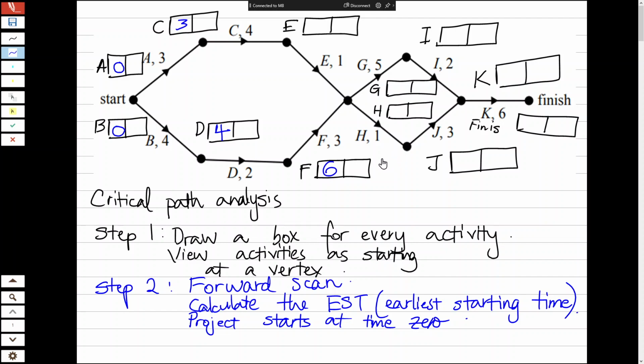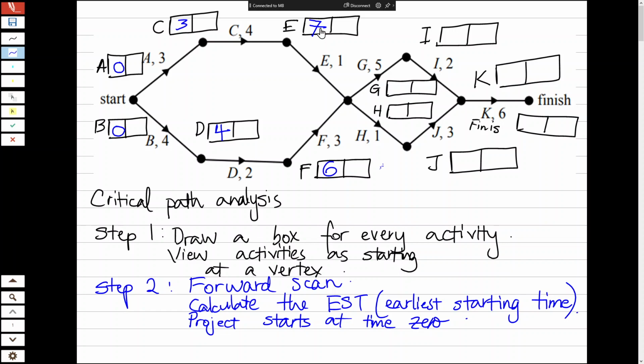Okay? We have to wait 4 weeks before D can start. D takes 2 weeks, so that gives us a total of 6 weeks before F, the next activity, can start. Jason, what at this point here? Activity E. Yes.